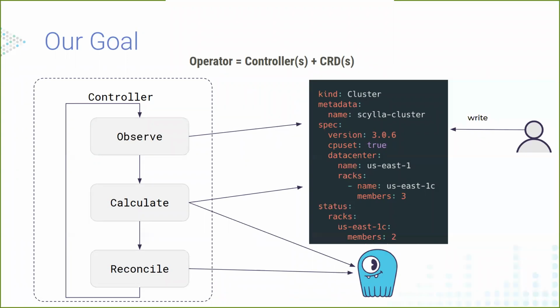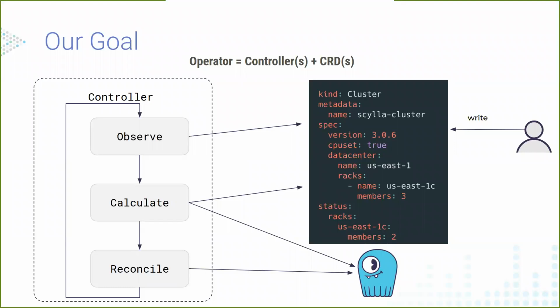This YAML is handed off to the operator because the operator has taken over management of the cluster. You can see it has some interesting things. For example, it has a cluster name, Scylla cluster. Simple enough. It can be any name. You just need to remember it when you apply changes. Don't change it.